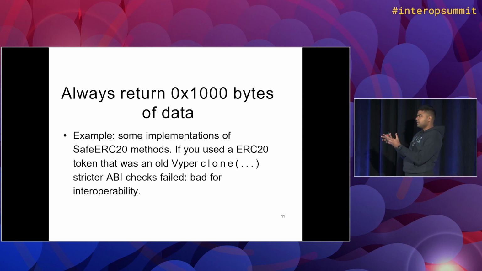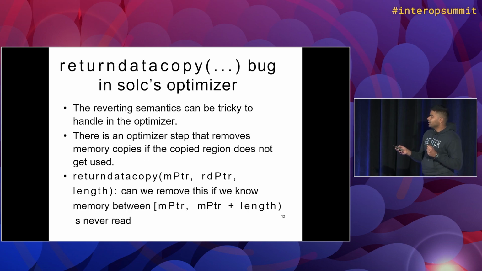So this is an example of an implementation that's bad for interoperability. This was since fixed in 0.2.9, but I just wanted to use this as an example of why you really need dynamic data.